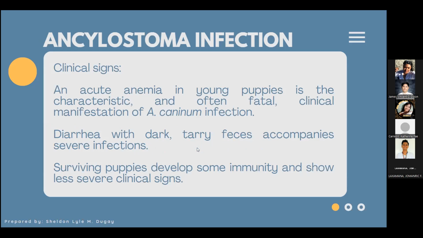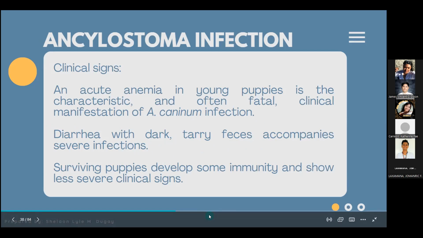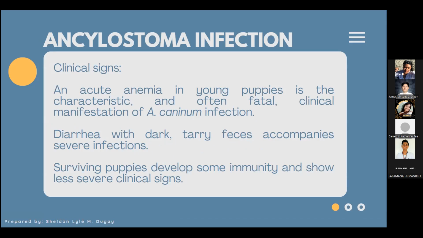So kapag sa intestine yung bleeding, magiging dark yung feces. Kapag sa large intestine naman, which is close to the rectum or close to the anus, magiging red yung feces niya. Then surviving puppies develop some immunity and show less severe clinical signs.